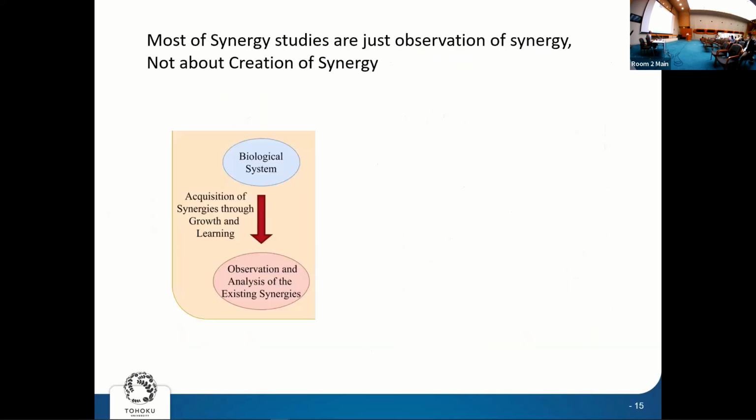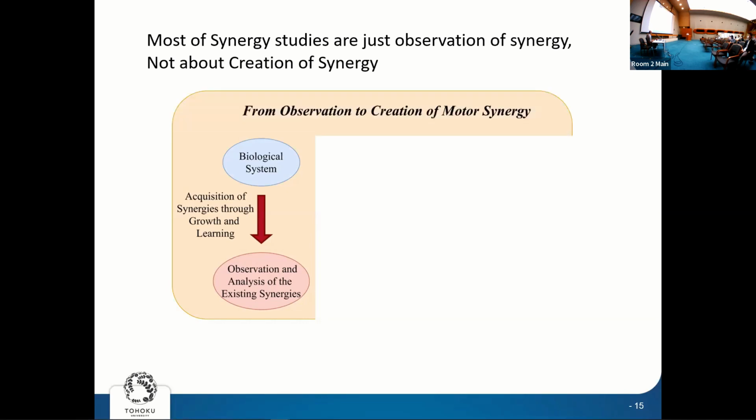Synergy studies, in fact, are mostly human observation and animal observation. In biological systems, we take observations, analyze them and check the dimensionality. These are so-called synergy studies. But I want to move from just observation to creation of motor synergy.